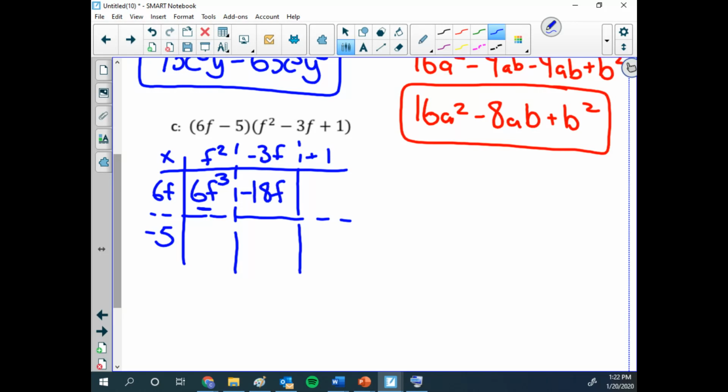F times f is f squared. And then at the top right here, in my grid, 6f times 1 is just going to give me 6f. And I just want to fill this out. So negative 5 times f squared is negative 5f squared. Negative 5 times negative 3 is a negative 15f. And negative 5 times 1 is going to give me a negative 5.